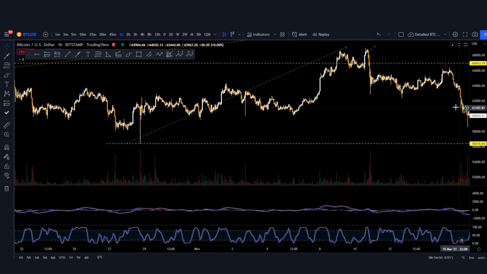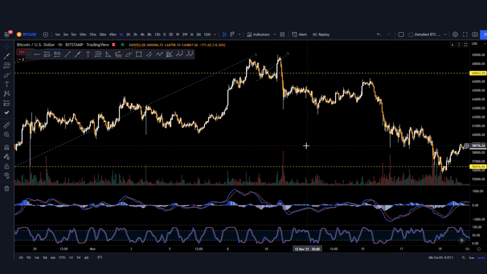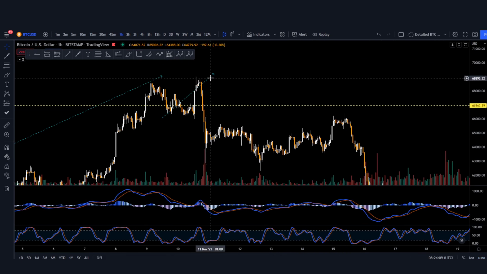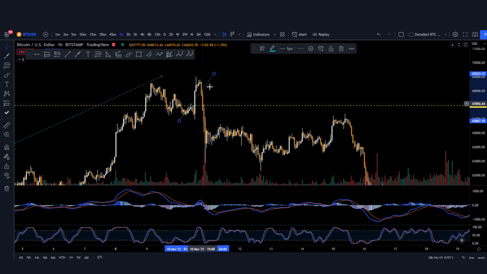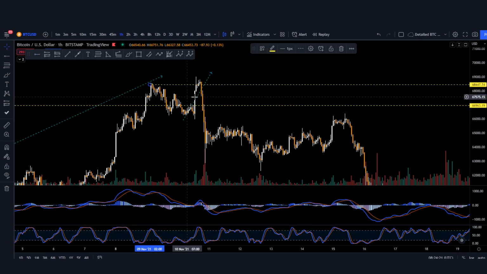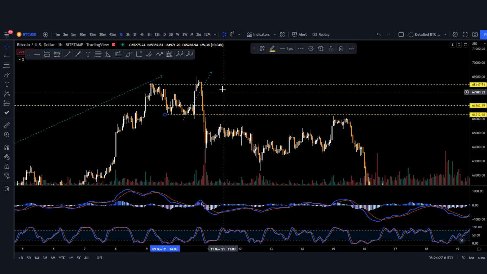If you drill down to the 1 hourly, you will see the swing here, right? Swing low to the high, new high. Therefore, this is an intraday or an intra swing within the bigger swing or bigger trend. And then you can just mark off the levels here: support, resistance.